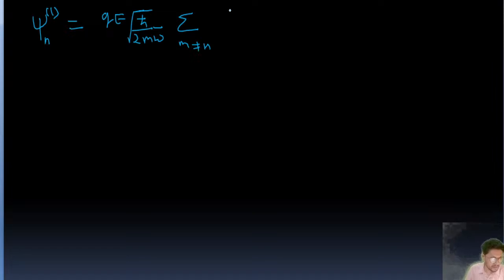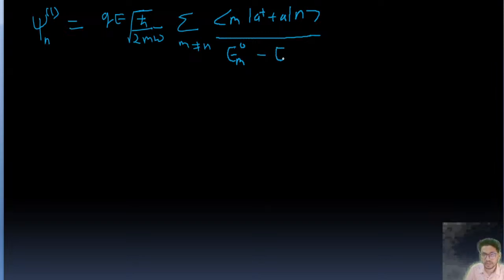So that is going to be sigma m into a plus a dagger, this is n, upon Em naught minus En naught, okay.